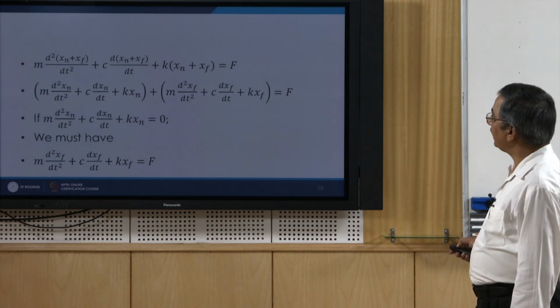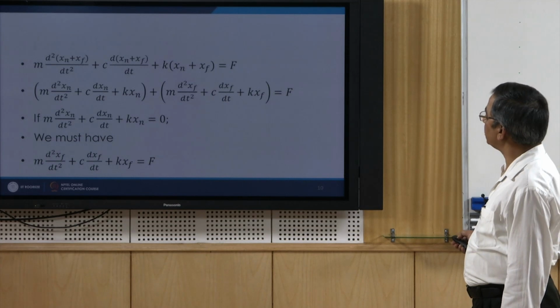So, now you can see that we have basically two parts of this equation.